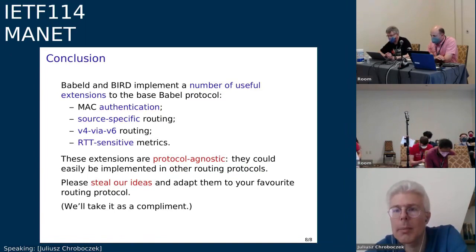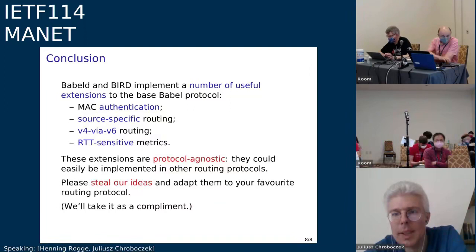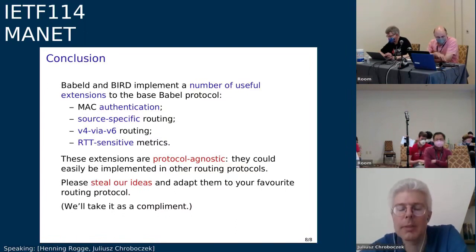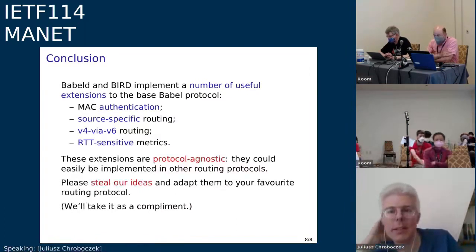So nobody seemed to be interested, and we haven't pushed it because the users were not interested. Yeah, version 4 destination with version 6 next hop, if I read your description correctly. That's a different extension. That's what v4 via v6 does. That's correct. Okay, yep, that's it. Thank you.